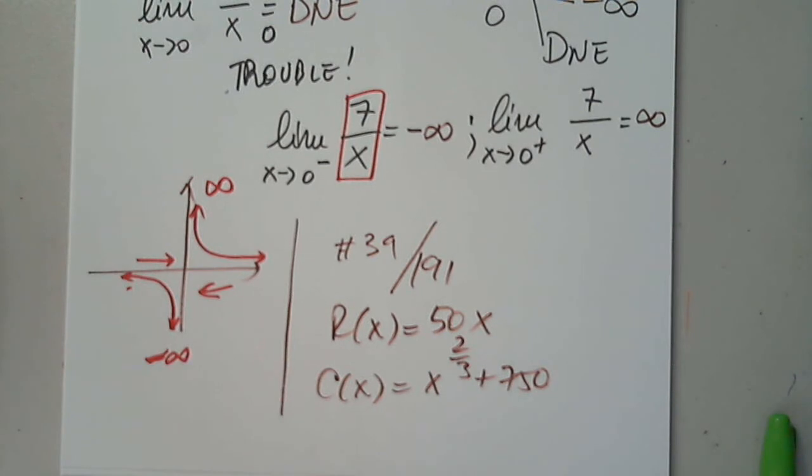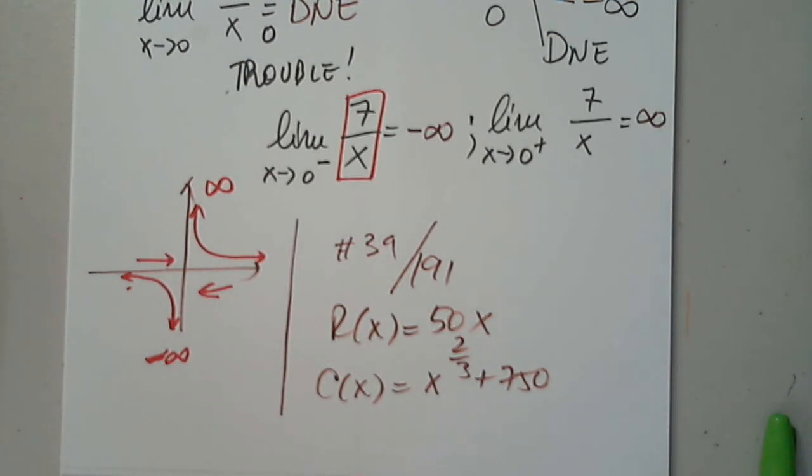And now let's choose. What would you like to determine? Let's not determine all of them because I'd like to review other things too. So x is the number of units, and everything else is in dollars. So the average revenue, the average cost, the average profit, and the rate at which the average cost is changing when 8 speakers are produced.